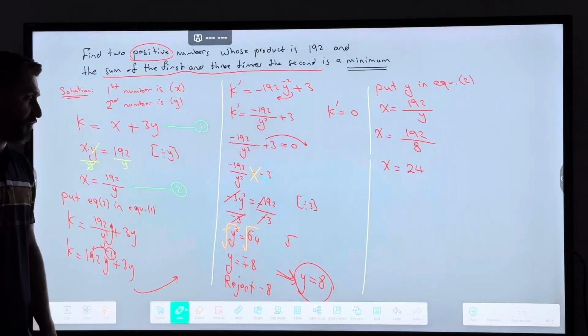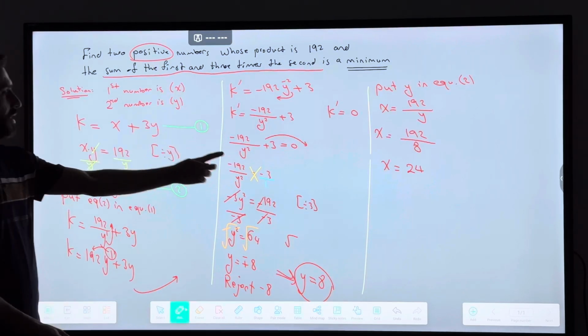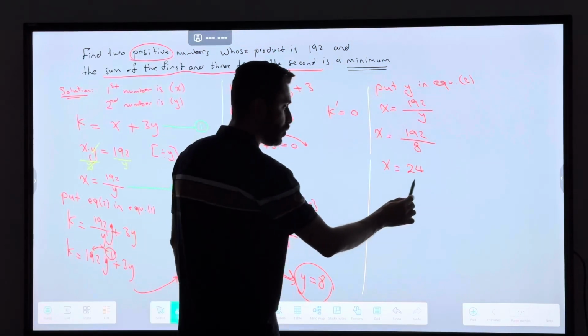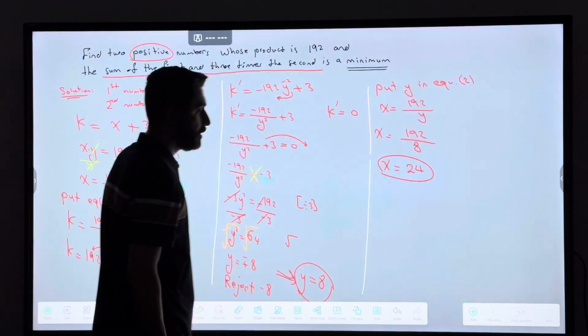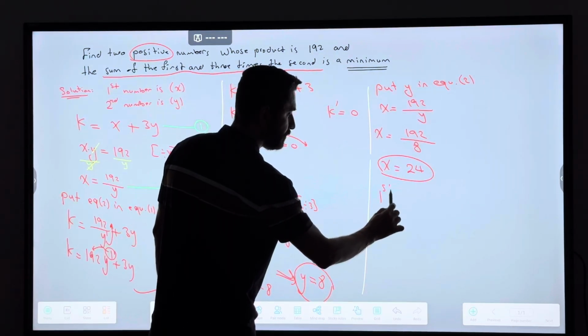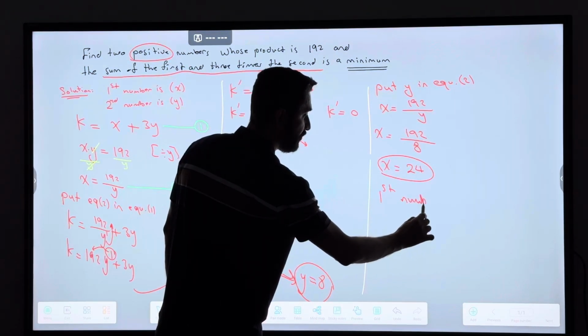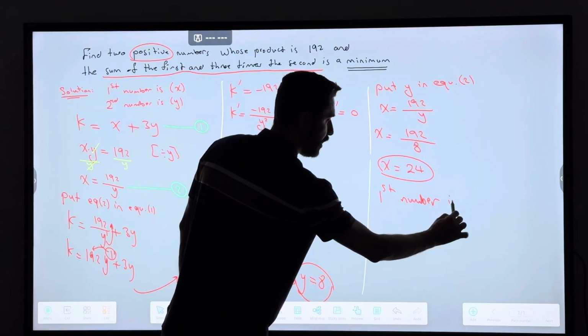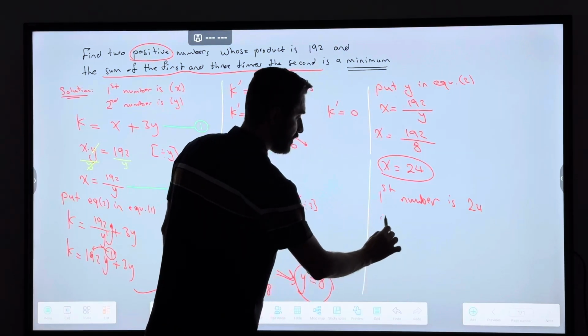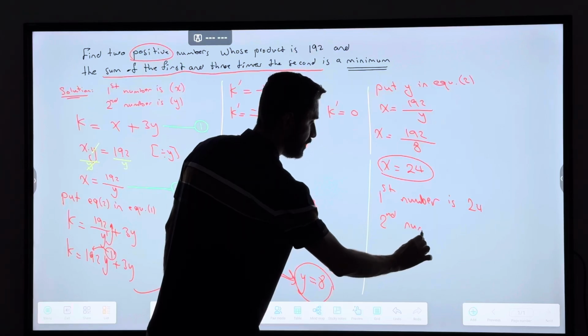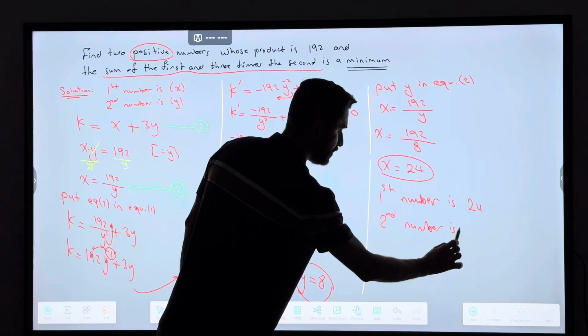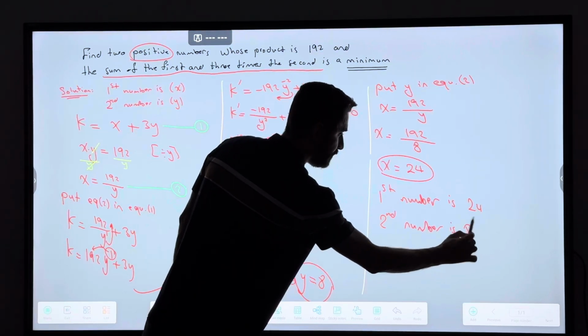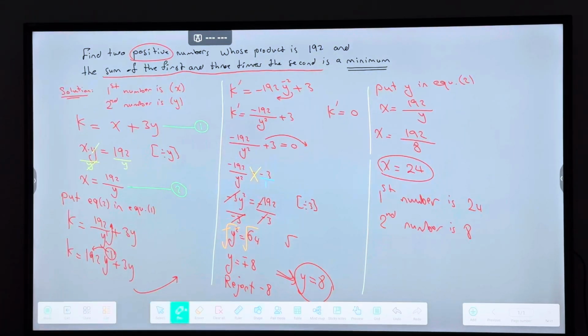So the first number is x, which is 24. The first positive number is 24, and the second number is 8. And that's it.